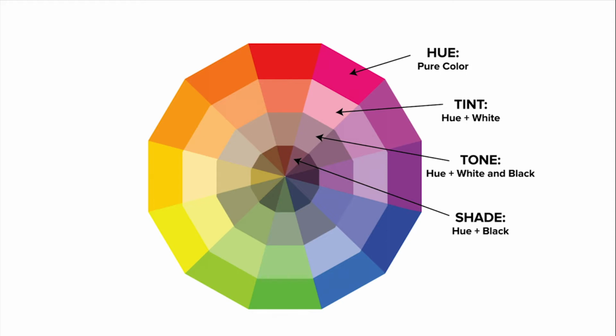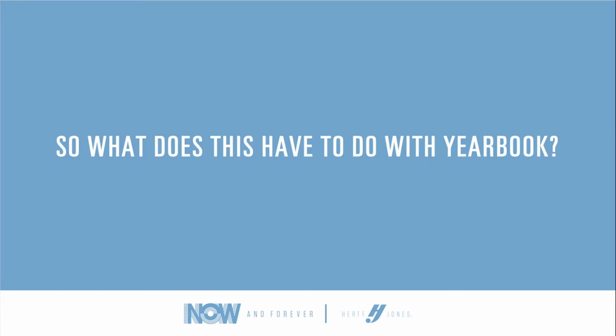You want to mix and match with maybe one pure version of the color plus a little darker tone plus maybe a really dark shade and then a light tint. Having those different versions of the colors is going to create a really nice, visually appealing color scheme. There are exceptions to that rule, but that's just a general guideline.